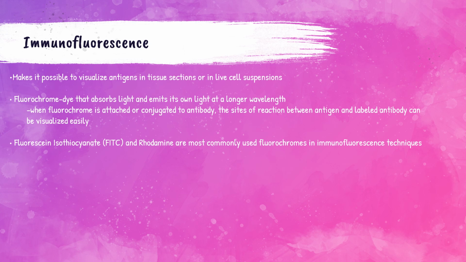So the antigen reacts with that labeled antibody, and of course it can be seen. The most commonly used fluorochromes are fluorescein isothiocyanate, or FITC, and rhodamine. Both the rhodamine and the FITC absorb UV light and emit light that is visible to our eyes via a fluorescent microscope.